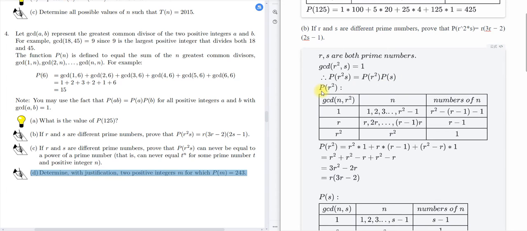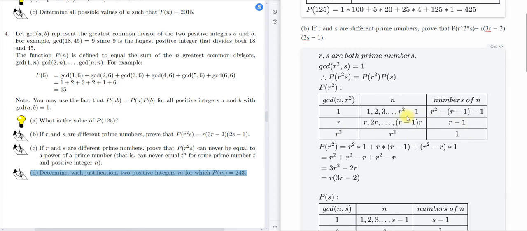Let's see P(R squared) first. There are three possible GCD values, which are 1, R, and R squared. For R squared, only one, which is R squared. For R, there are R minus 1, because it can't be R squared, since R squared was used here.